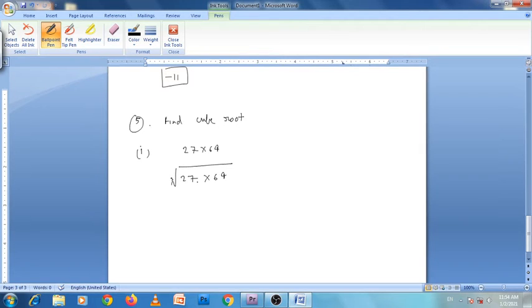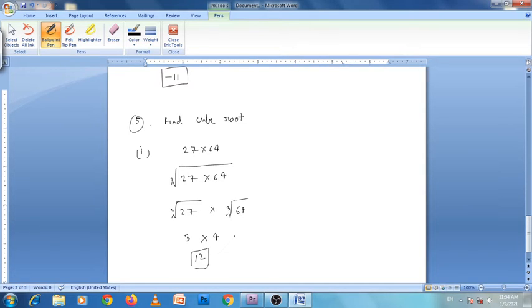We can find the cube roots of these two numbers separately. Means we can write it cube root of 27 into cube root of 64. So cube root of 27 is 3 and of 64 is 4. So 3 into 4 is 12. So cube root of 27 into 64 is 12.